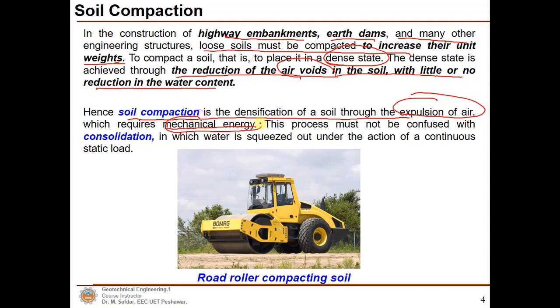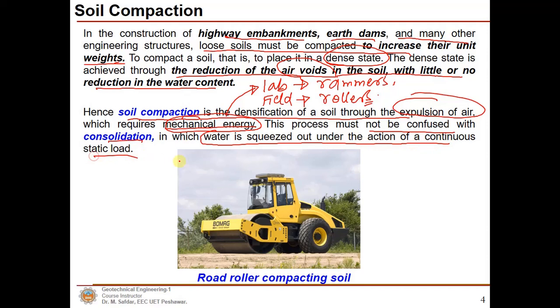If we are talking about the mechanical energy in the lab, various rammers are used. When we are talking about the mechanical energy in the field, various types of rollers or handheld plates and rammers are used. This process must not be confused with consolidation, in which water is squeezed out under the action of a continuous static load.